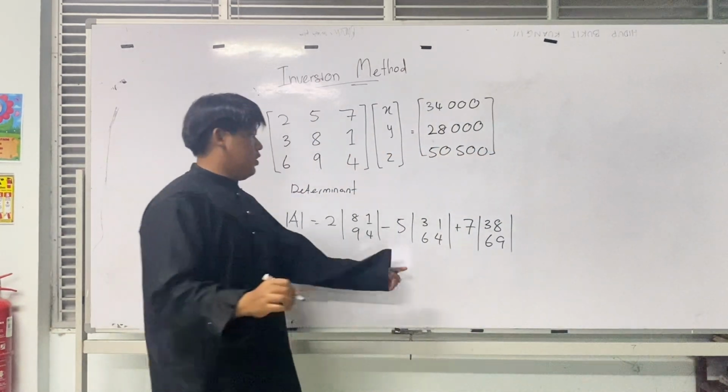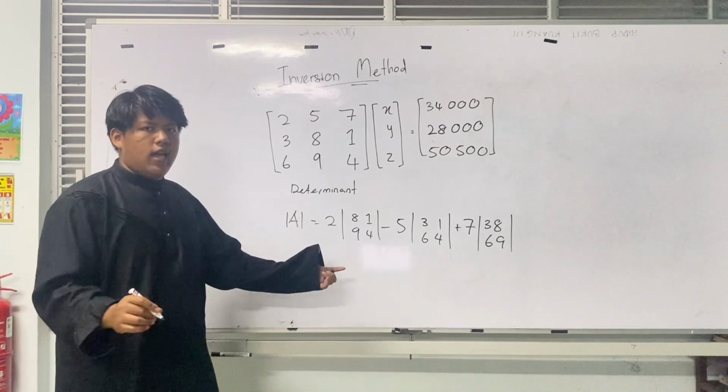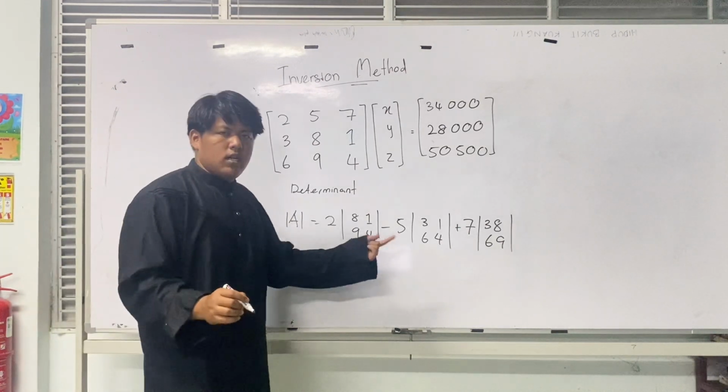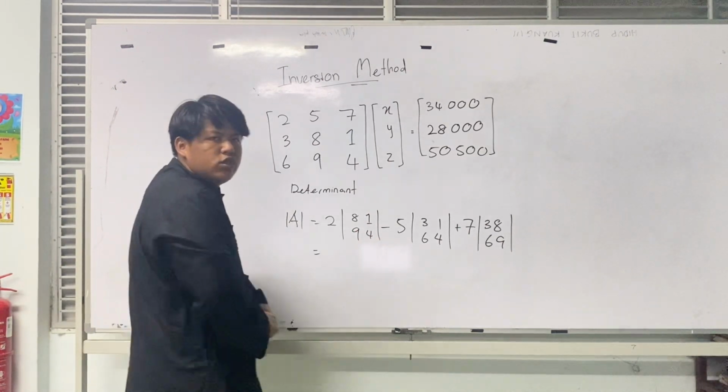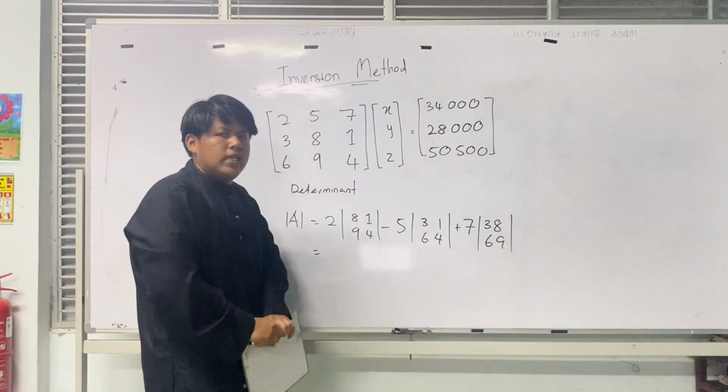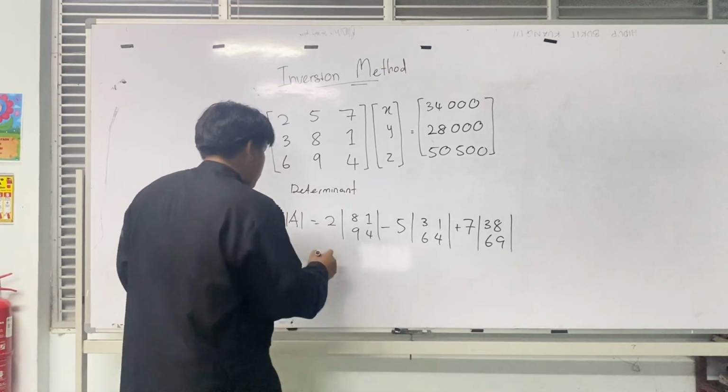Then after that, we calculate it. We must use the formula AD minus BC.